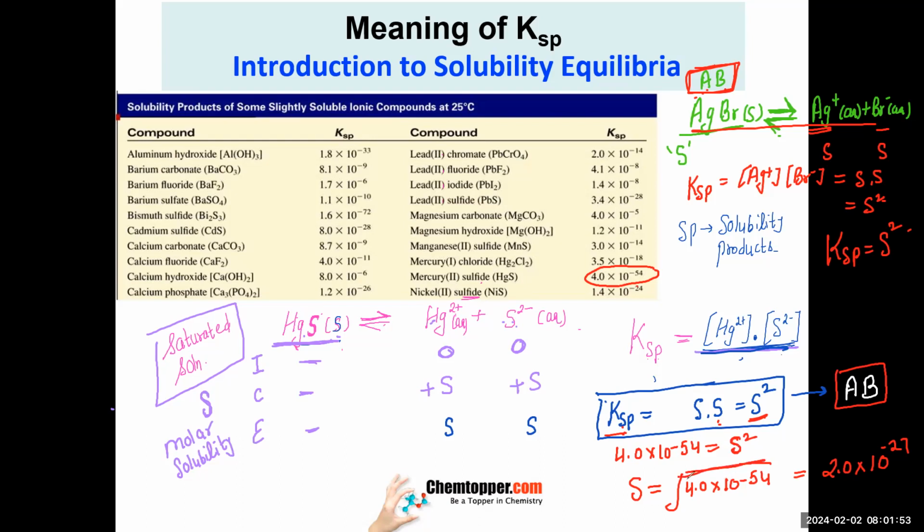Square root. Square root means if you take 4.0 raised to power half, that you know is 2, but for the exponents, it would be minus 54 divided by 2. So that's why I calculated without using a calculator. She is talking about this one, Azuni.